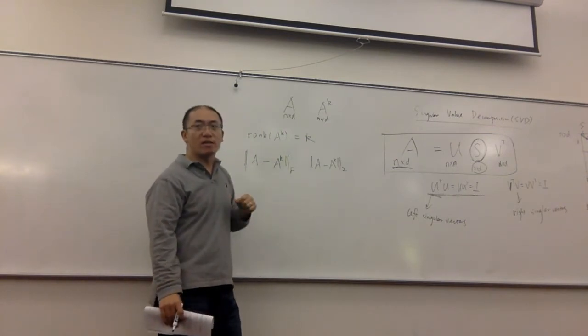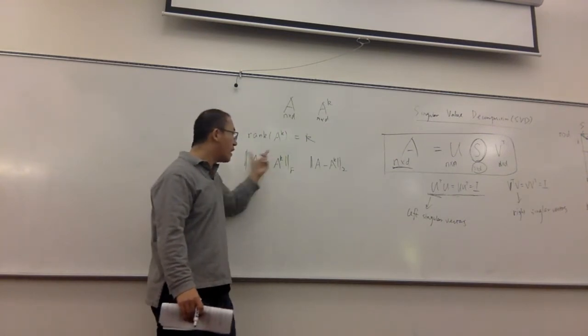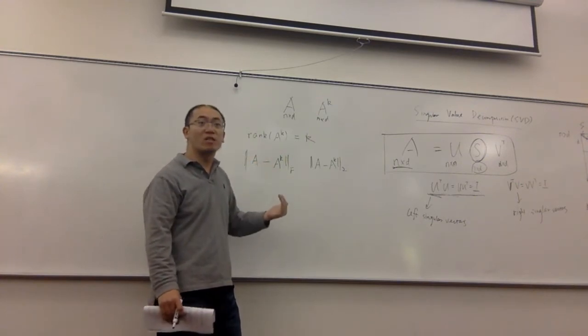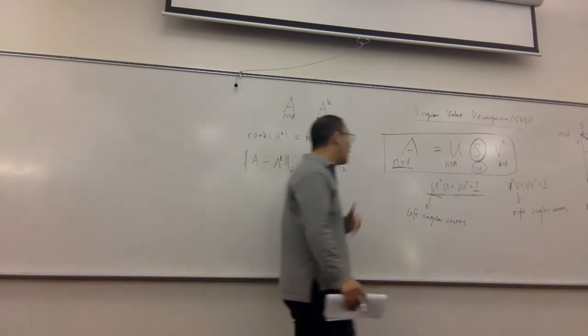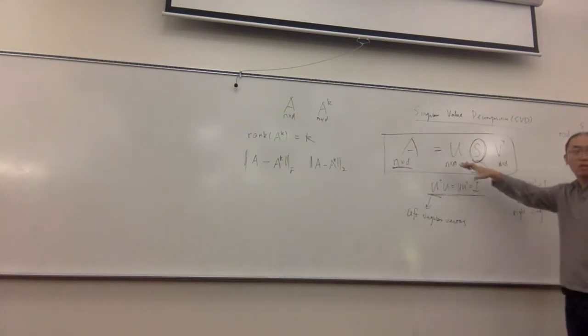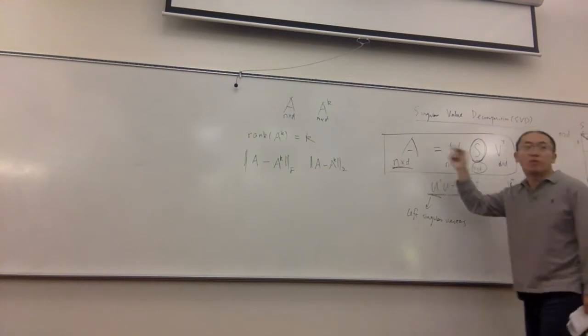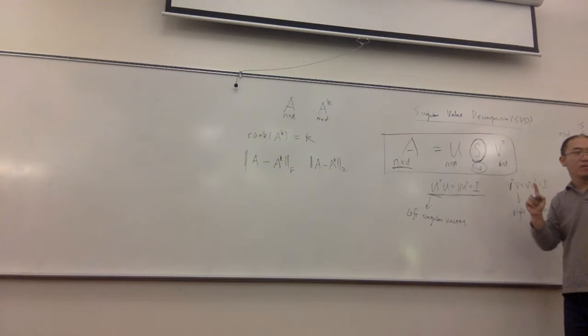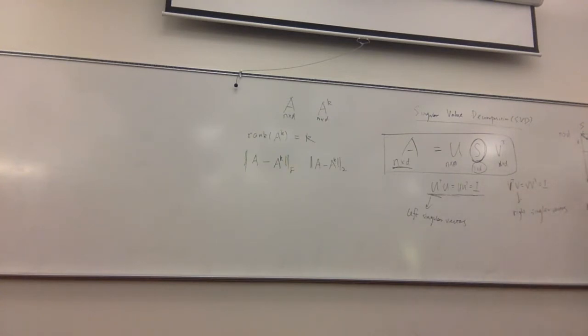And the answer is yes. And finding this A_K is extremely simple if you know the SVD decomposition. The idea is very simple. We first solve the SVD decomposition for A, and we just truncate the singular values in S to K singular values.